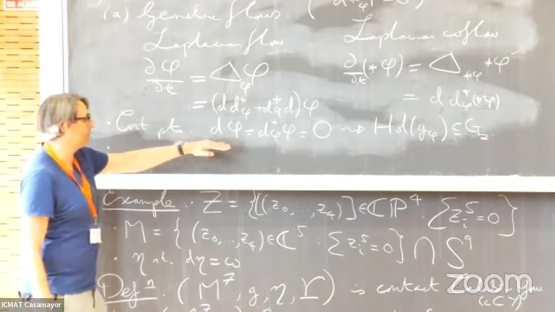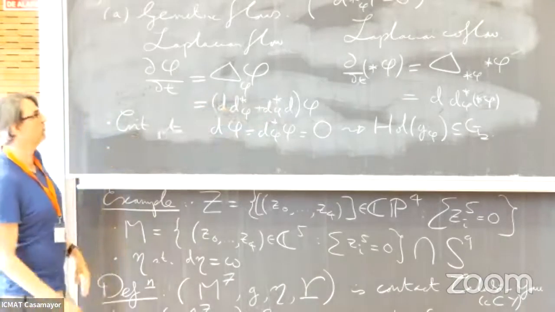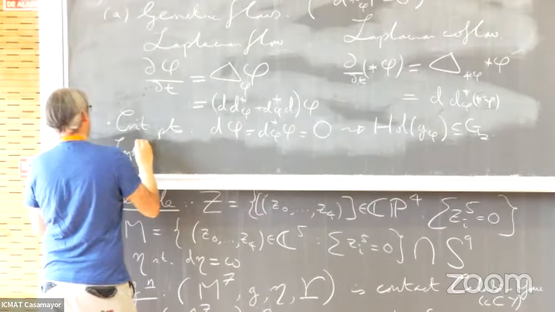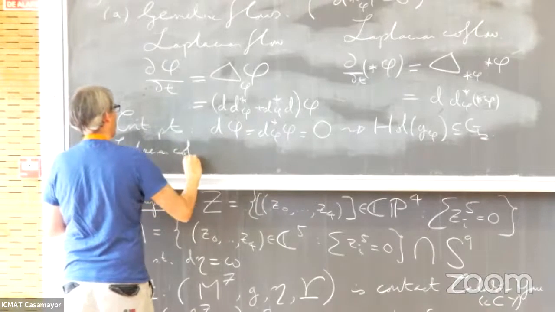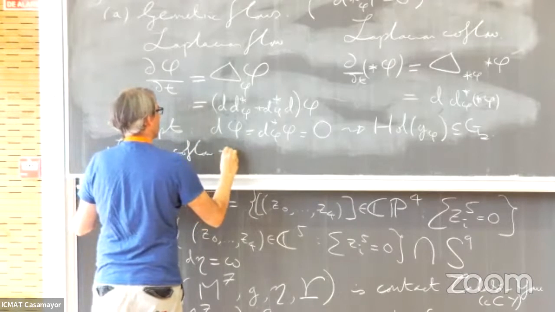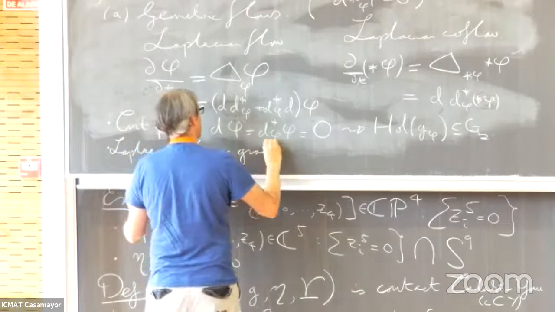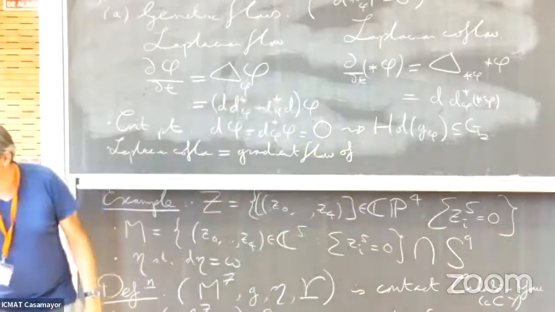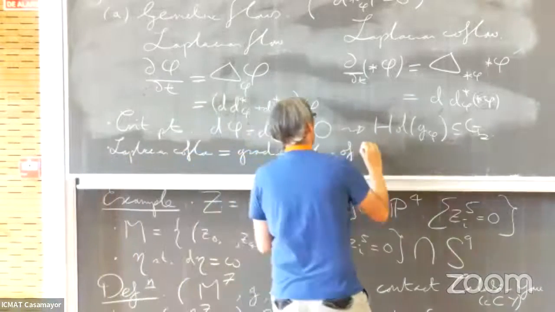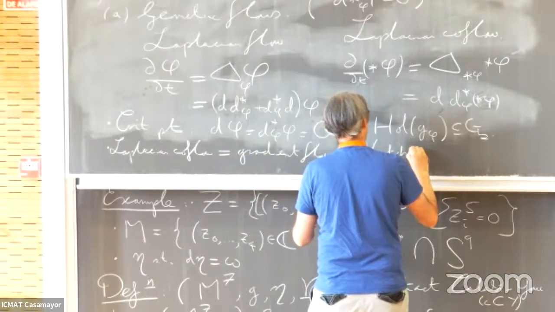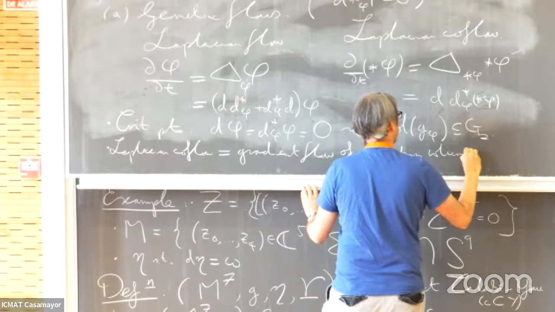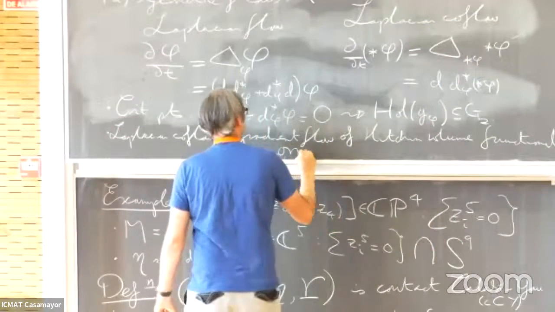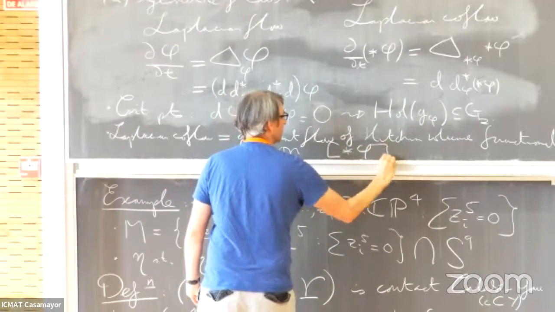You could just cook up anything that has this condition, but why is there some more reason to like these over others? Well, the Laplacian coflow is equal to the gradient flow of the Hitchin volume functional on the cohomology class of star phi.